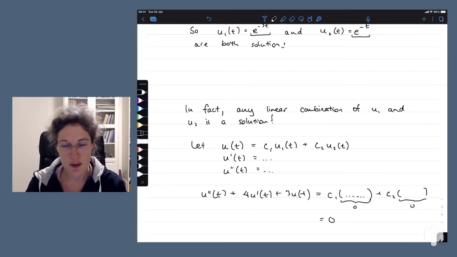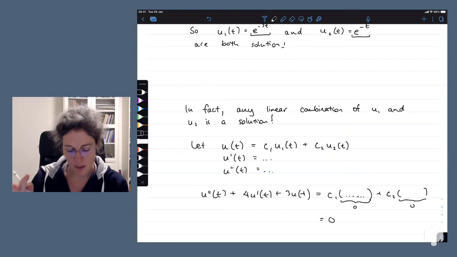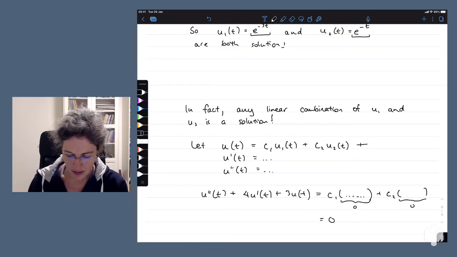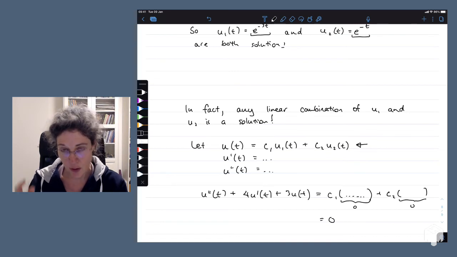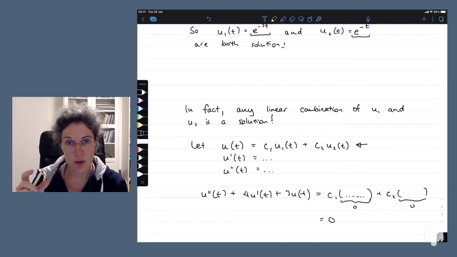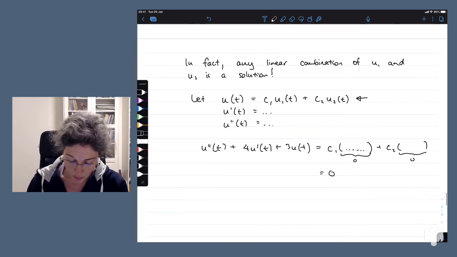So this is a fun thing to do for yourself. I've just kind of sketched it out, but prove to yourself that a u of this form, if u1 and u2 are both solutions, is also a solution. So what we're going to say is, if we want the most general solution that we can possibly have, we will take this u over here, this linear combination.